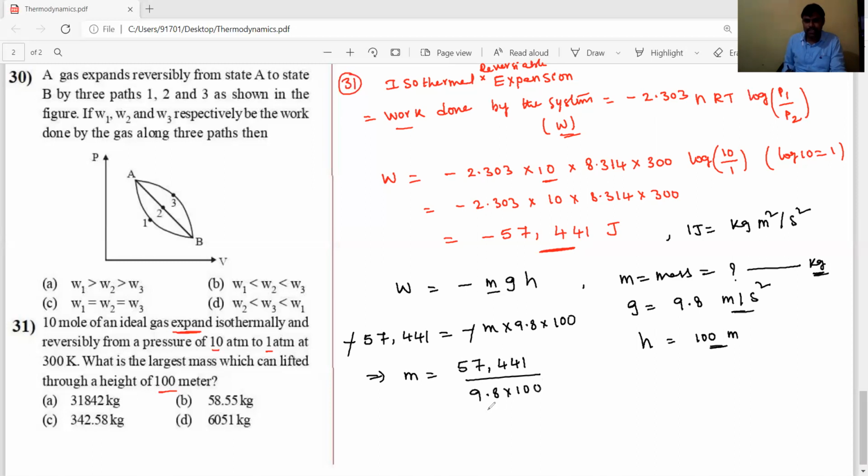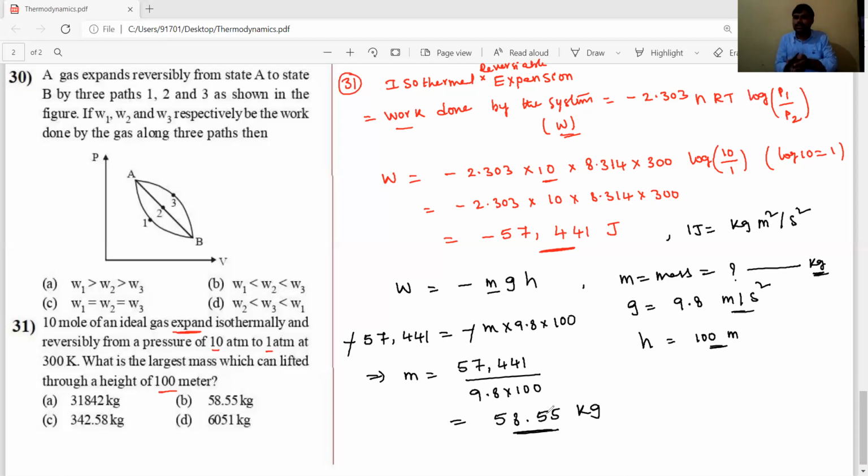On simplification we get the mass, dear students, equal to 58.55 kgs. So 58.55 kgs of mass is moved up to 100 meters when 57,441 joules of work is done.